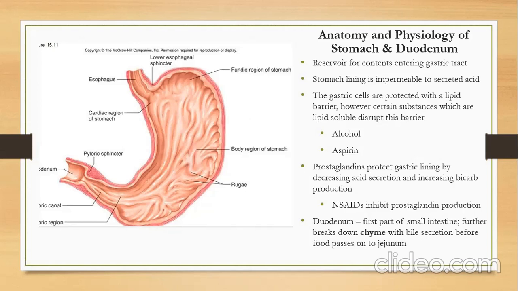Anatomy and physiology of the stomach and duodenum. Now, the stomach serves as a reservoir, right? It's just a little holding place for food once it comes down the esophagus. So it's gonna travel from the esophagus through that lower esophageal sphincter into the stomach.